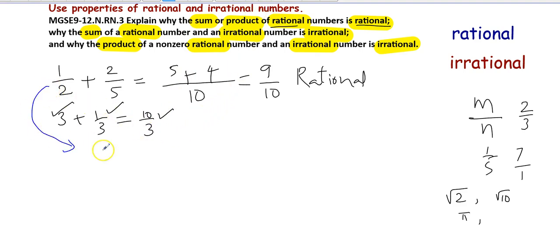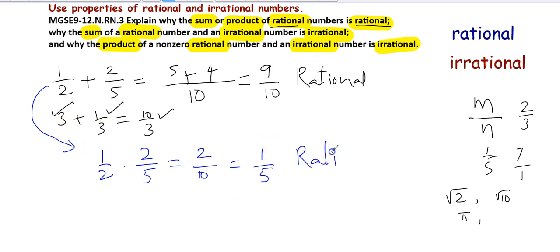Let us multiply and see. 1/2 times 2/5, which is 2 and 2 cancel, 1 divided by 5, or I can also write 2 over 10 here, that is 1 times 2 is 2, and 2 times 5 is 10, 2 tenths, or you can write 1 over 5 in the same way, which is rational.